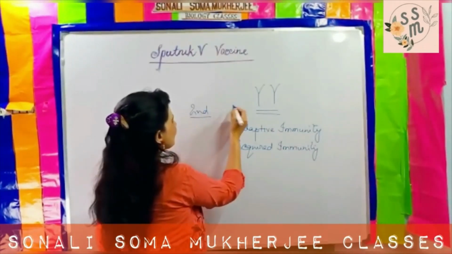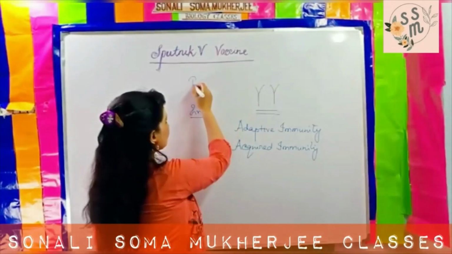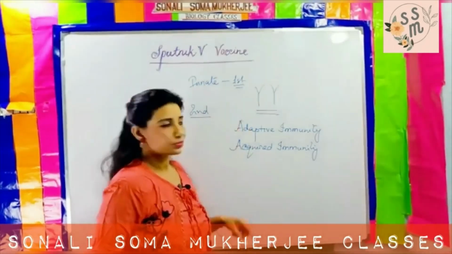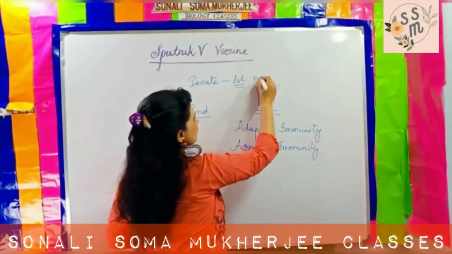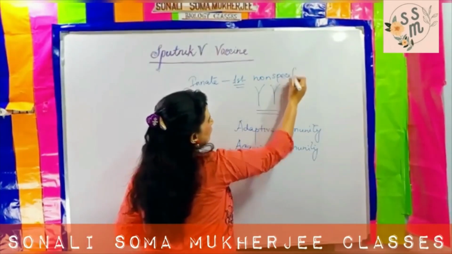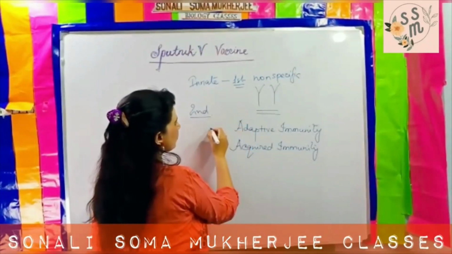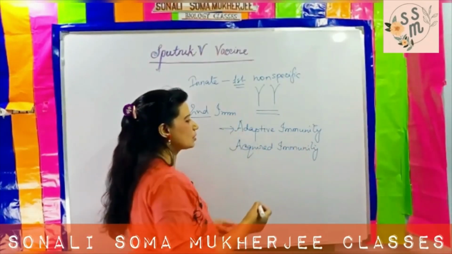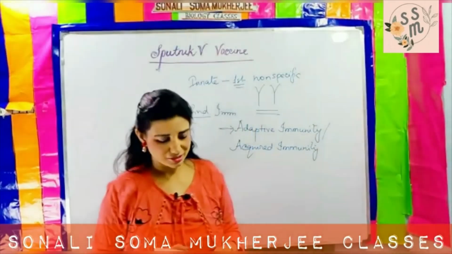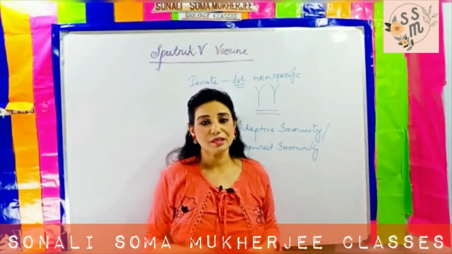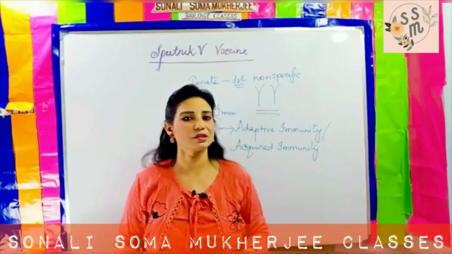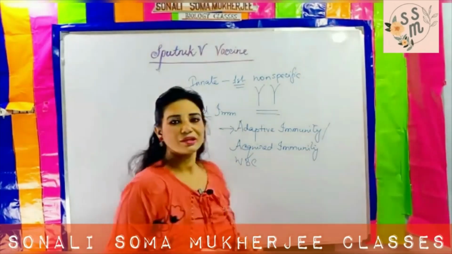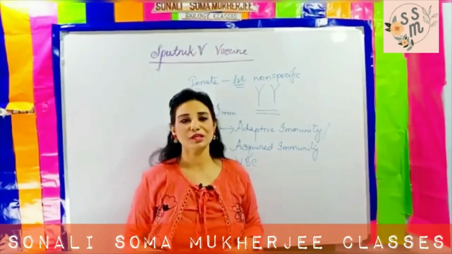I am not talking about the innate, which is the first response that is given, in a generalized, non-specific manner. But in the secondary immune response, it is adaptive or acquired immunity. Here the cells are very specialized and specific in their function, and these are conducted by WBCs, the T lymphocytes and the B lymphocytes.